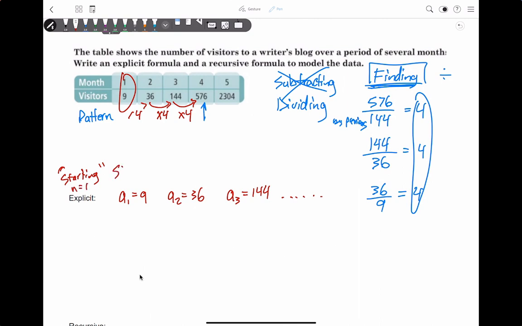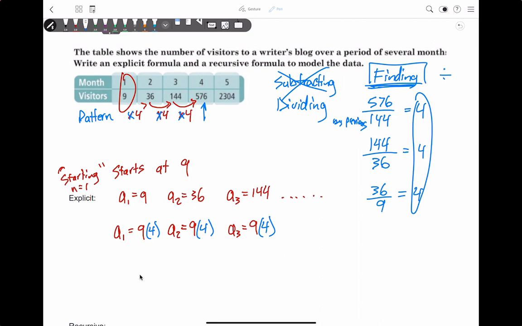So all of these equations are going to start at 9, and so on and so forth: a sub 3, a sub 2. And how much is it changing by? Well, it's multiplying by 4 each jump. That means its common base is going to be 4 because it's quadrupling, you could say, each jump.